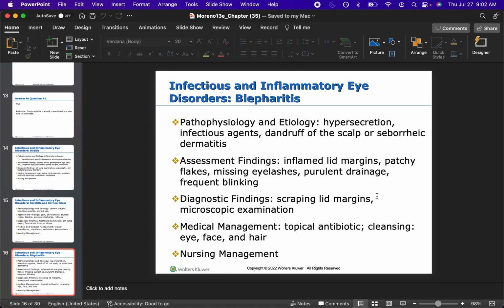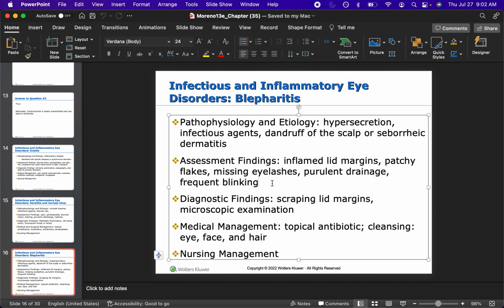If you've ever had an eyelid that gets kind of puffy and patchy, missing eyelashes, purulent drainage, and frequent blinking. What they can do sometimes is scrape those lid margins and go under the microscope and examine. Usually with this one, you just get some type of topical antibiotic, and then make sure that you're cleansing your eyes, face, and hair.